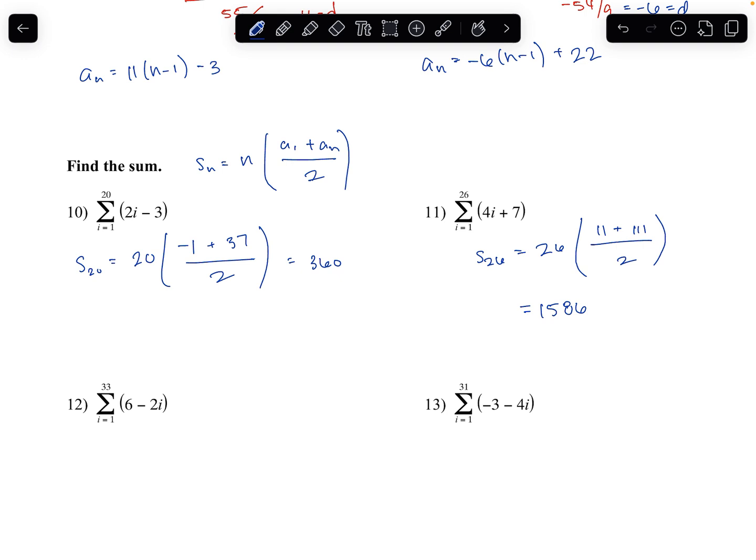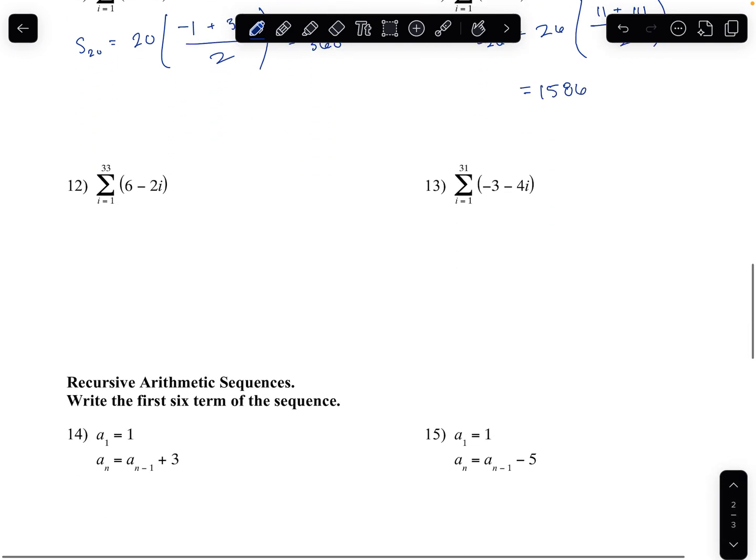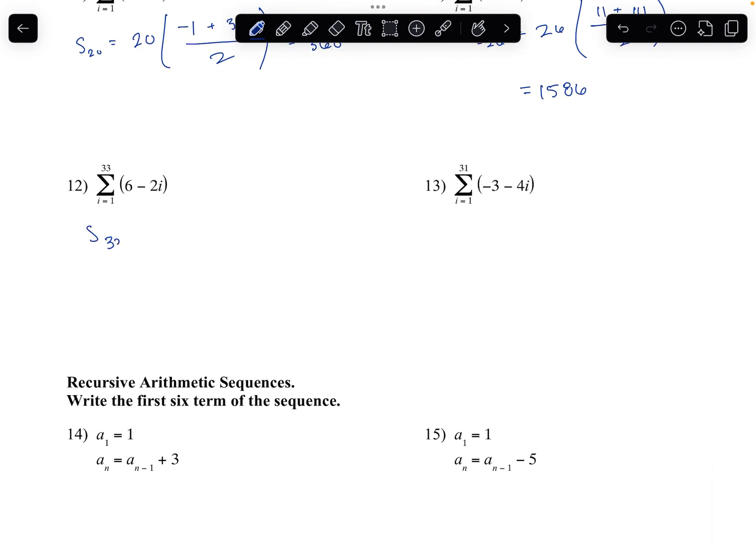61 times 26. Yeah, that's fine. All right, for this one, S sub 33 is going to be equal to 33 times the first term. I'm plugging in 1 here, 6 minus 2, that's going to be 4. And the next one's going to be minus, because I'm pretty sure it's going to be negative.